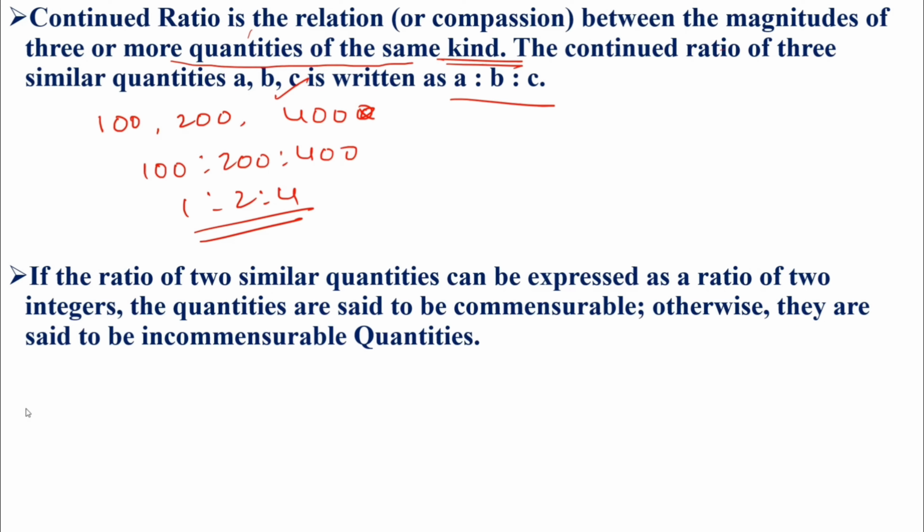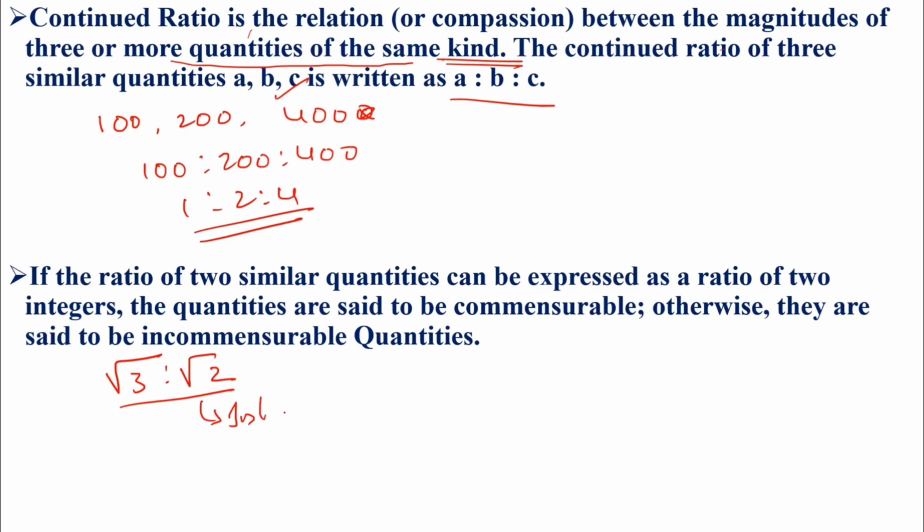Next, if the ratio of two similar quantities can be expressed as a ratio of two integers, the quantities are said to be commensurable quantities. For example, if root 3 is to root 2 is there, can we represent it in integers?